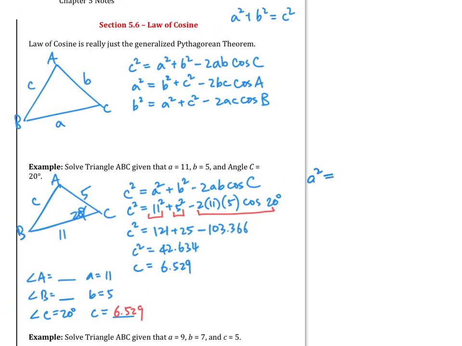A squared is equal to B squared plus C squared minus 2BC cosine A.